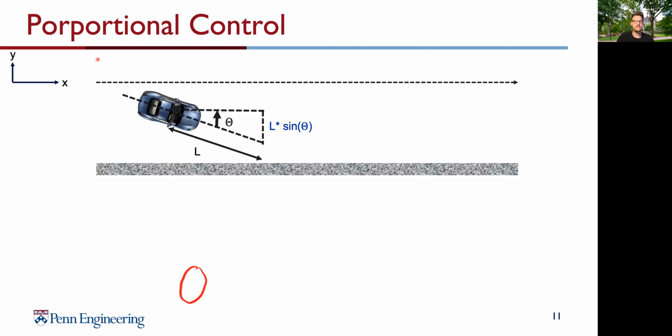I enhanced our setup. I give you here the coordinate frame, x and y, and we are driving here again with our car. And what we are saying now, first of all, we want to drive on the reference line here, and we want to drive parallel to the wall.